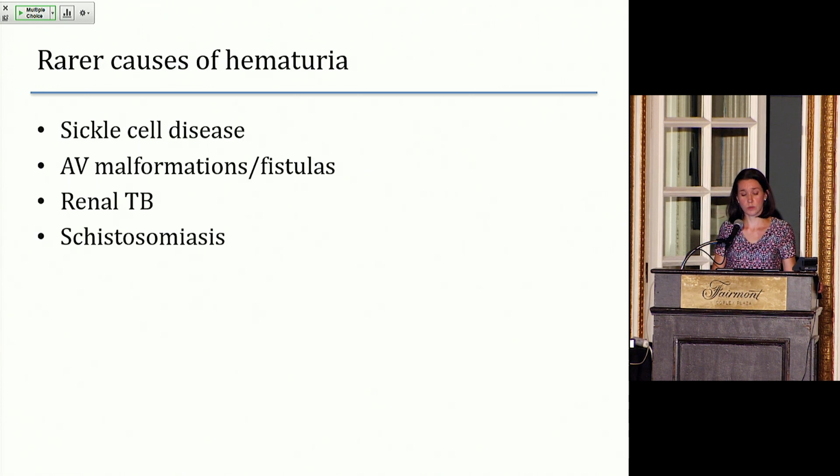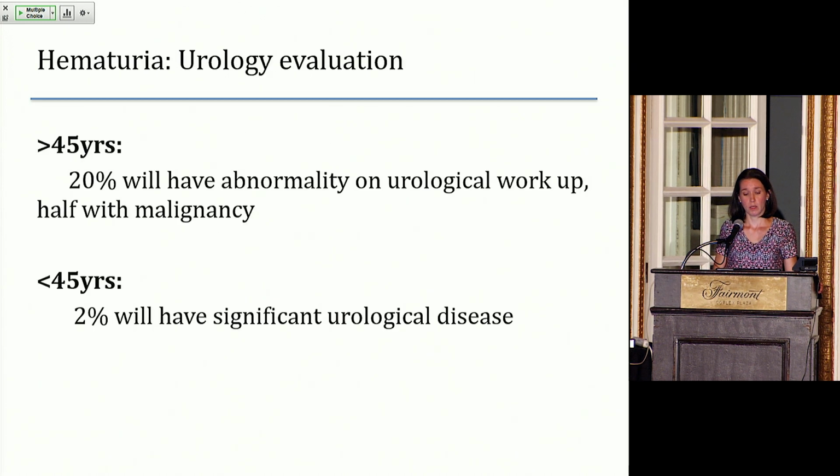The rarer causes we should think about are sickle cell disease, and AV malformations or fistulas, particularly in patients who are post-kidney biopsy. This can be important to think of. Renal TB or schistosomiasis will also give you hematuria.